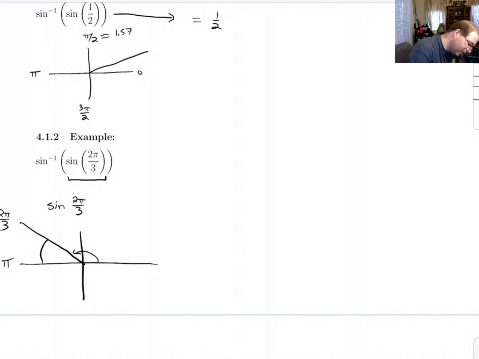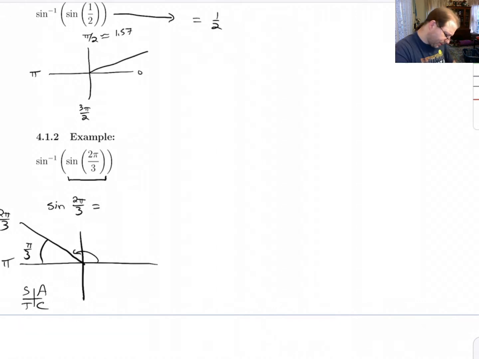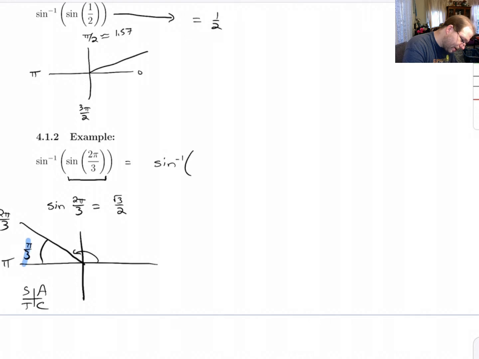The reference angle is pi over 3. We're in the second quadrant, and we know ASTC, so sine is positive, and we're looking at pi over 3. Sine of pi over 3 is root 3 over 2. So I can rewrite this as inverse sine of root 3 over 2.